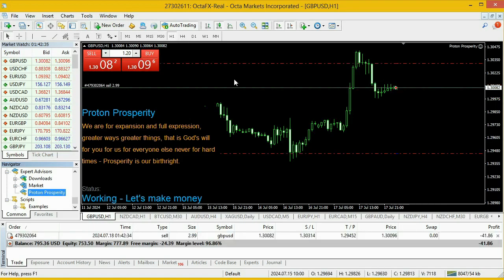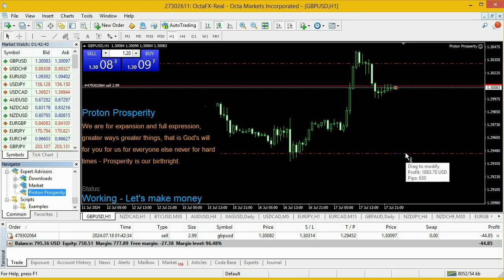Sell position executed. Our stop loss. And take profit.